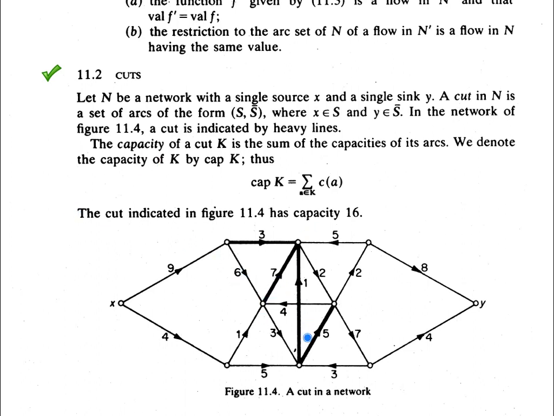And this is a cut. If you forget the directions, it is not an edge cut, so the name cut is for distinguishing the two situations, just going from S to S bar. And this is what constrains everything.